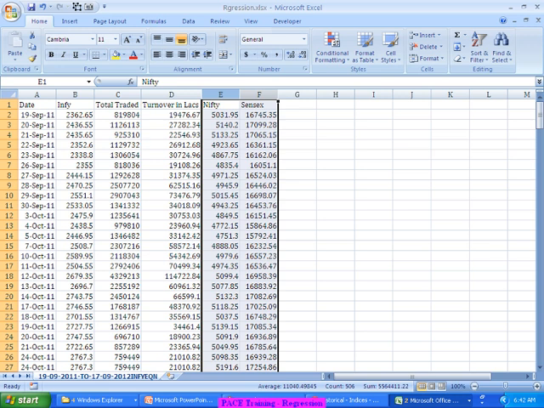Now the regression will create an equation to identify that dependent variable and even use it for prediction purposes.